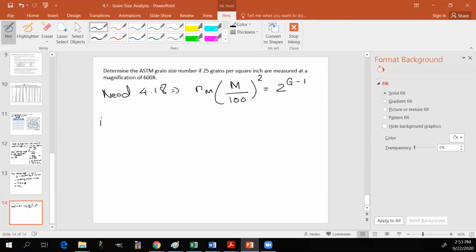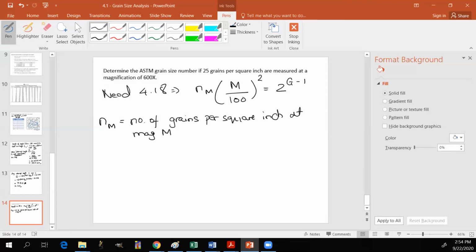So what are the different things here? So N_M is equal to the number of grains per square inch at that magnification M, right? And we know what M and G are, right?